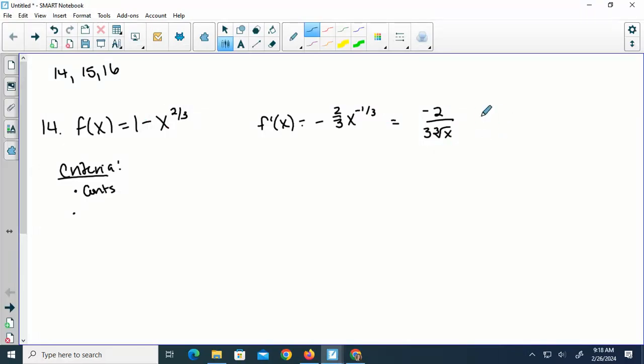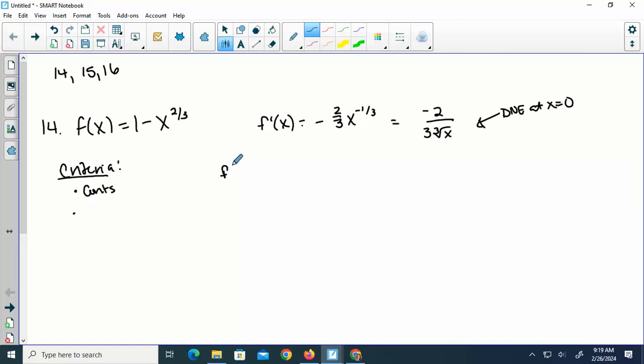Where does this not exist? Does not exist at x equals 0. So that means Rolle's theorem requires it to be differentiable. The interval we are looking at is between -1 and 1. Is 0 in that interval? Yes.